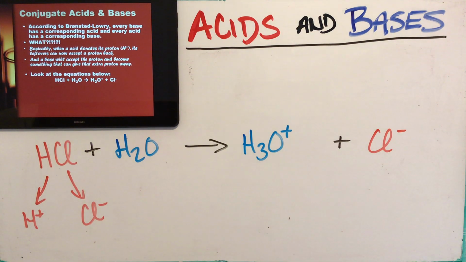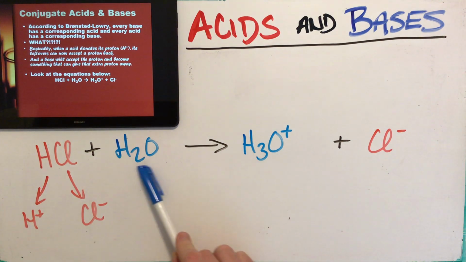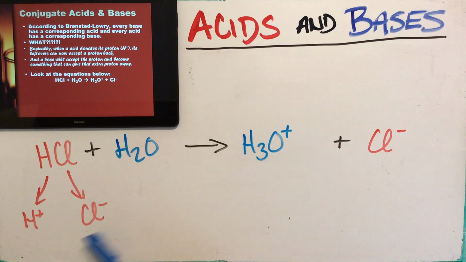And you can see here what happens is the proton here, because H pluses are now protons, it comes and joins onto the water. So the acid gave off the proton, because that's what acids do, and the base accepts it. H2O becomes H3O because it picks up this.